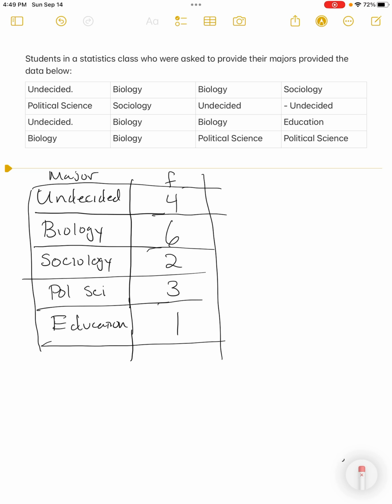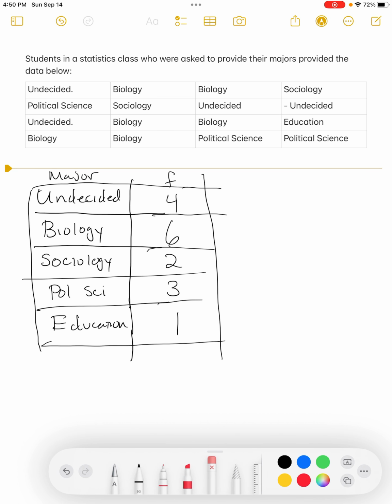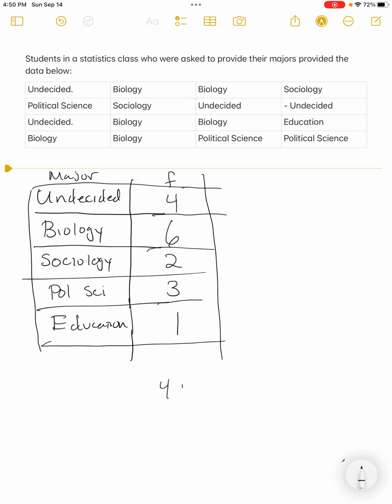Now, we could check ourselves, and I would recommend that you do it just to make sure you didn't overlook somebody, which I might have done. If I add up all the frequencies, in this case I have 4 plus 6 plus 2 plus 3 plus 1. So that's 10, 12, 15, 16. So ideally, I have 16 individual responses. 1, 2, 3, 4, 5, 6, 7, 8, 9, 10, 11, 12, 13, 14, 15, 16.